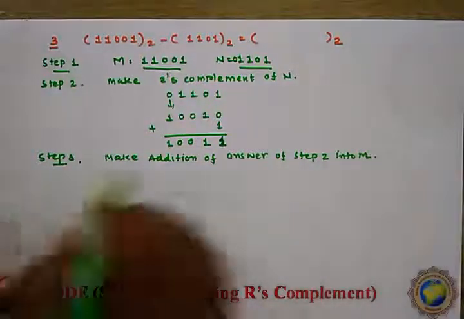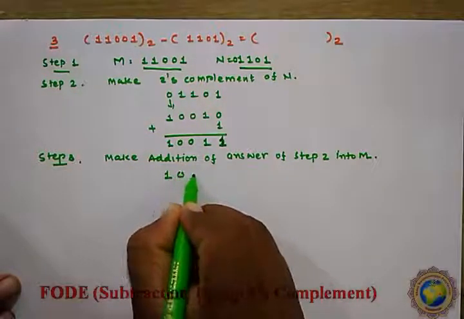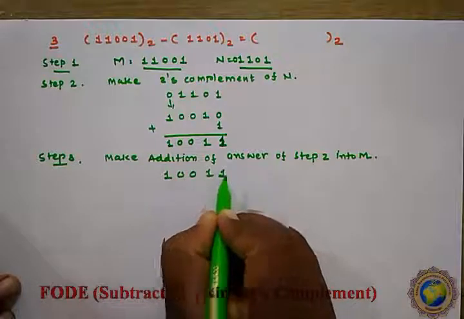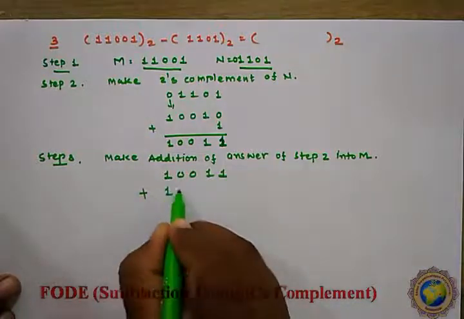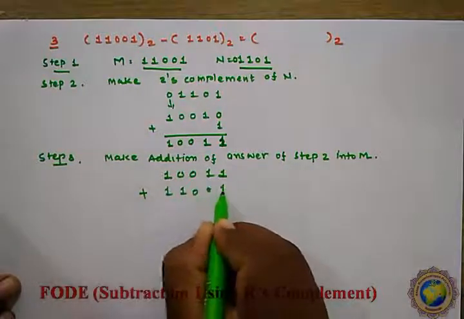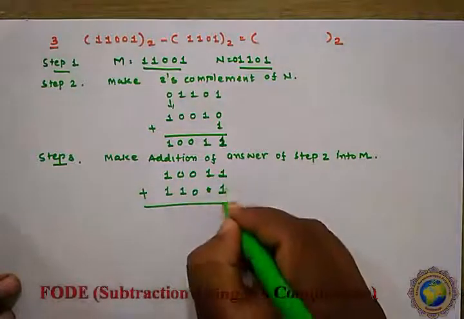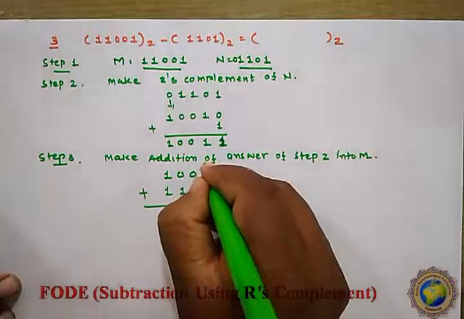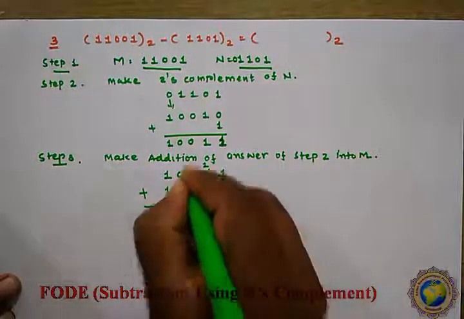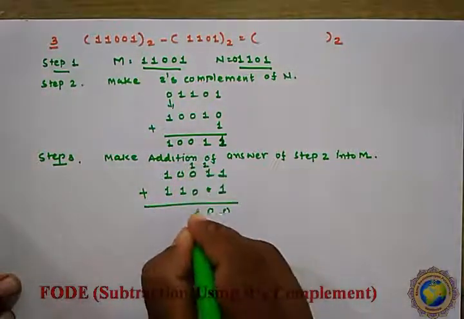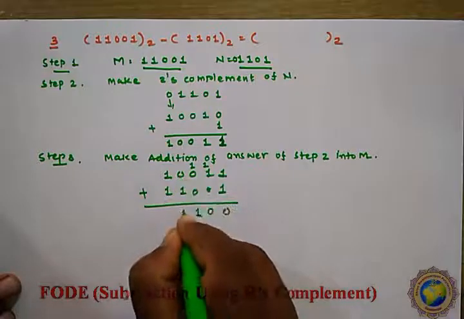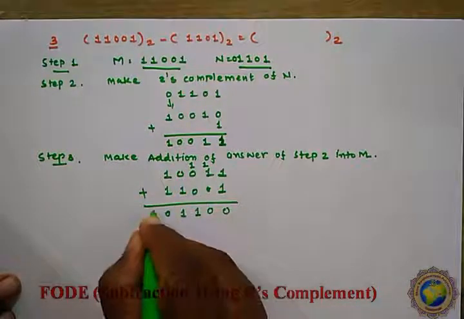In m we add the answer of step 2, which is 10011. What is m? 11001. Now add them. 1 + 1 is 0, carry 1. 1 + 1 is 0, carry 1. 0 + 0 is 0, then 0 + 1 is 1. 1 + 1 is 0 and carry 1.